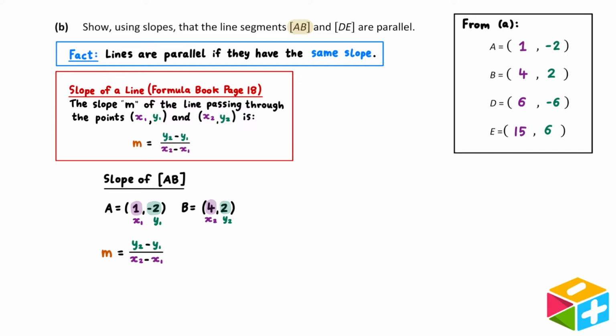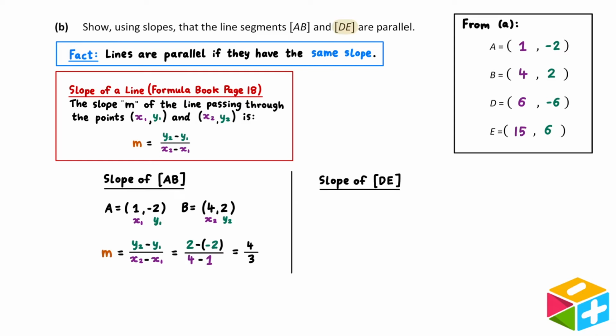To find our slope, all we have to do is sub into the formula. So we found that the slope of AB is 4/3.